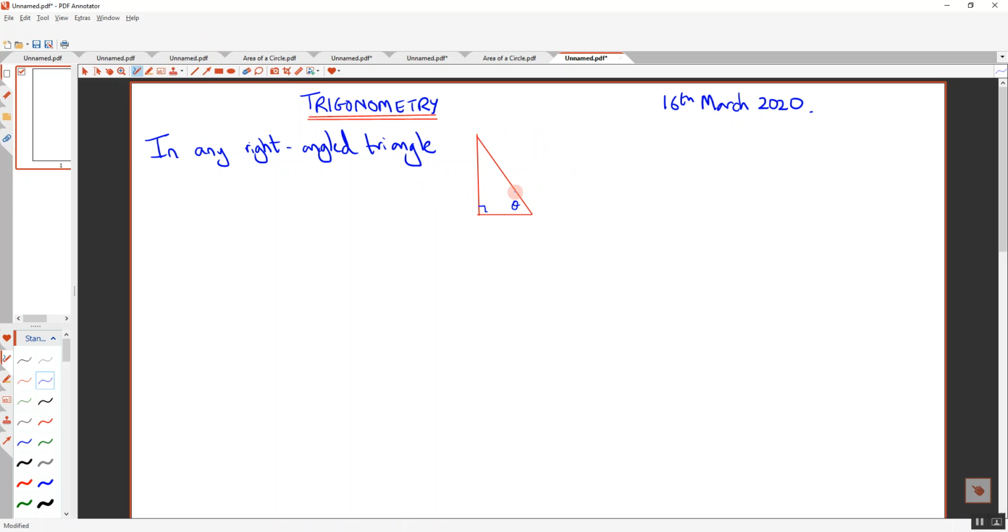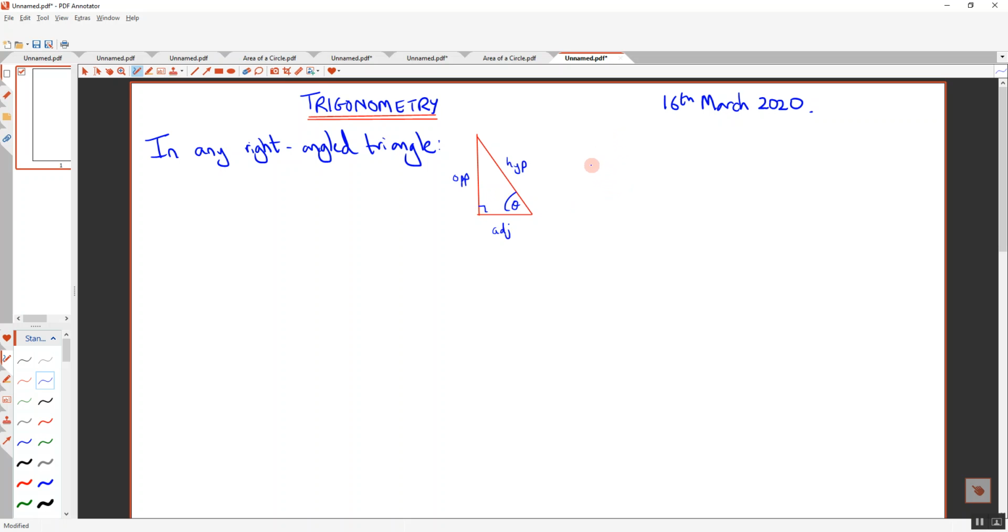Let's say this is my angle, then this side is the, what do we call this side? Alright, thank you. This side is the hypotenuse because it's opposite the right angle, and then the last side is the adjacent, okay?